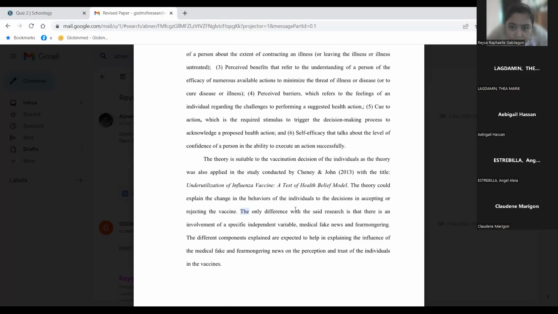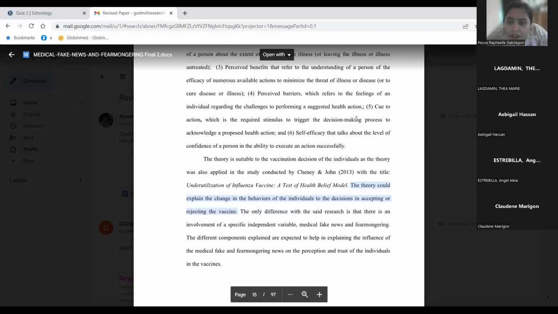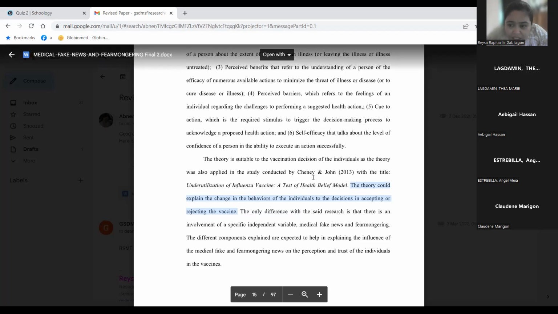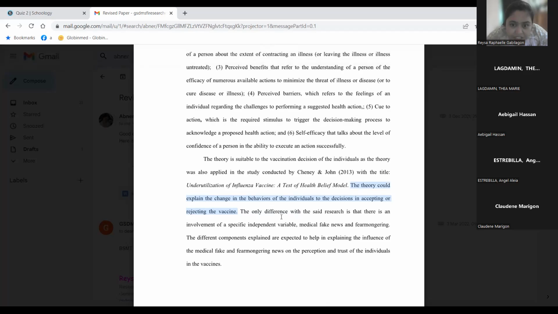This one. After discussing the part of the theory, here's the synthesis. The theory could explain the change in the behaviors of the individuals to the decisions in accepting or rejecting the vaccine. Okay? So yun yung relationship that they have identified sa taas dito sa research nila.